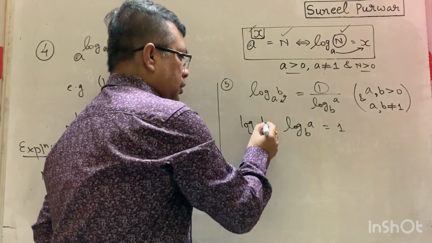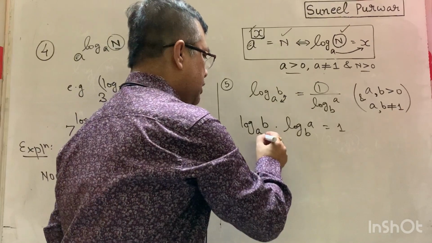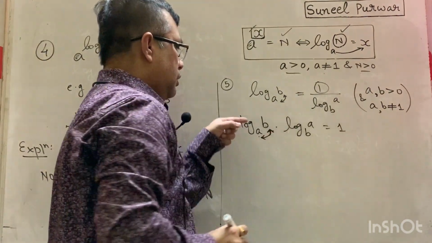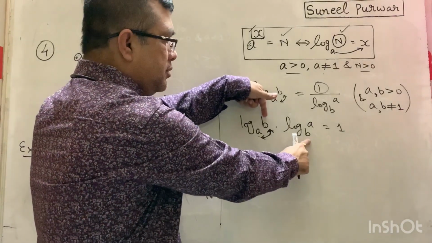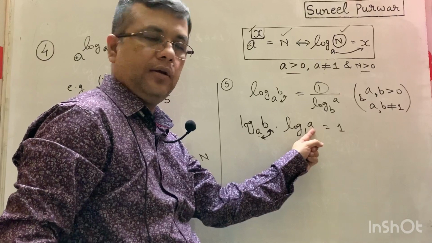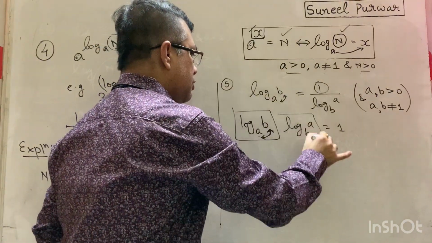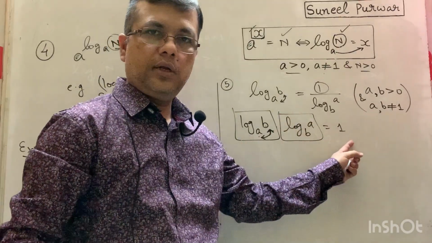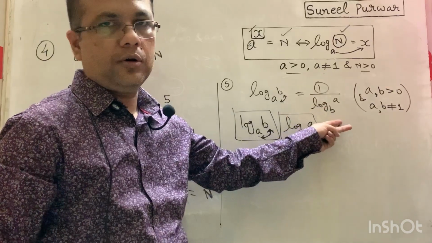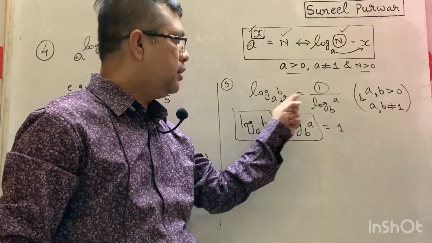Here you are taking log of b at base a, and here you are doing the reverse. You are interchanging these numbers. So b now goes to the base, and the base a goes to the place whose log you are finding. So whenever you have two such logarithms, their product is going to be 1. Or you can say one logarithm is equal to 1 upon the other logarithm when the number and base are interchanged.